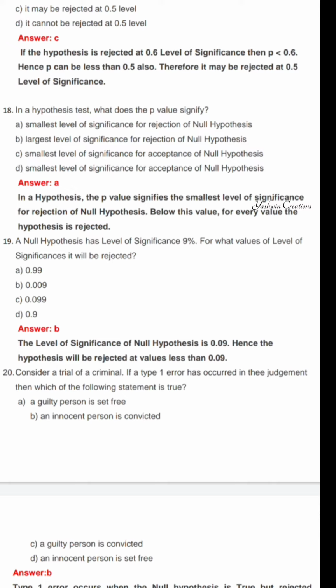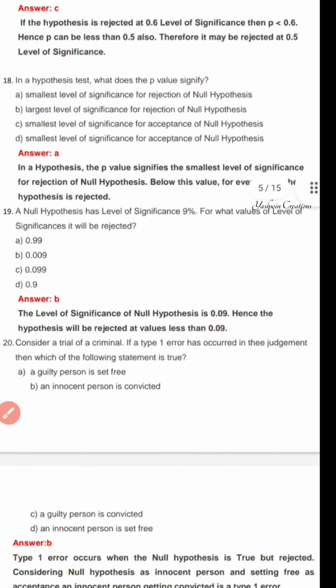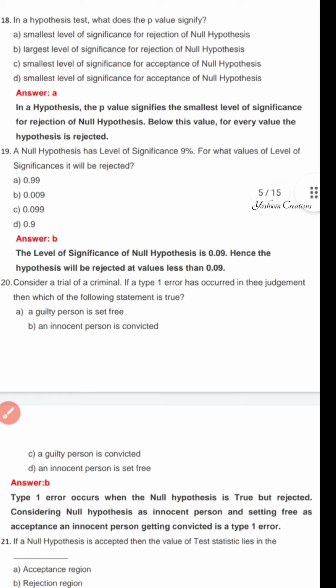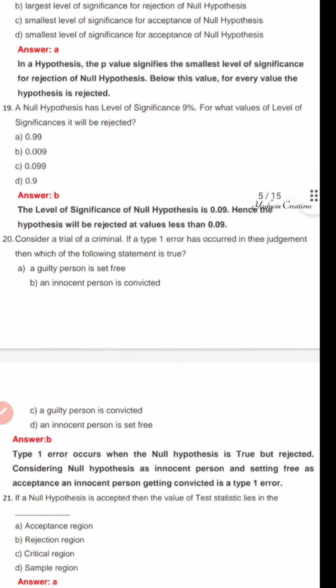Consider a trial of a criminal. If a type 1 error has occurred in the judgment, which of the following statements is true? That is B: an innocent person is convicted. Type 1 error means the null hypothesis is true but it is rejected.